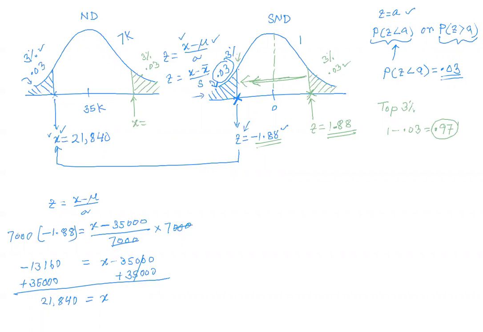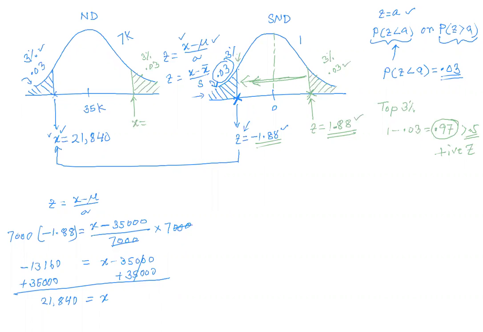So now you should be looking at the z-scores table for an area of 0.97. Since 0.97 is bigger than 0.5, you should be looking at the positive z-scores table, okay? If you look it up, you'll see that the value is 1.88.